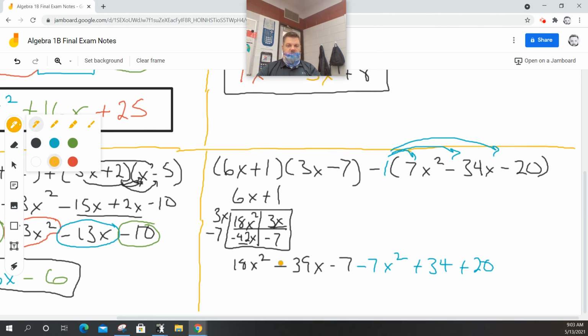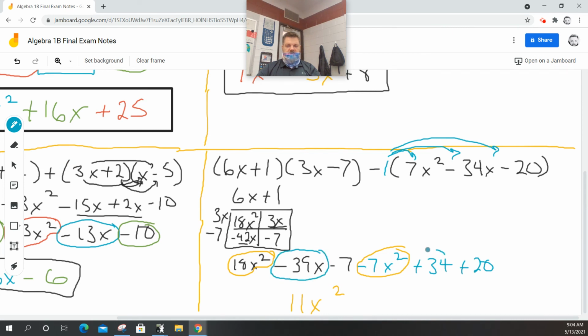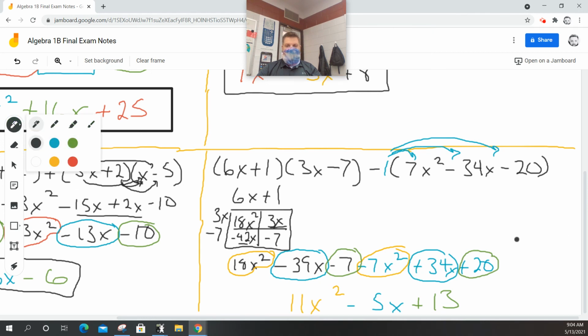So I'm going to say 18x squared minus 7x squared is 11x squared. Negative 39x plus 34x is a negative 5x. And then I have negative 7 plus 20, that's a positive 13. And that is that answer.